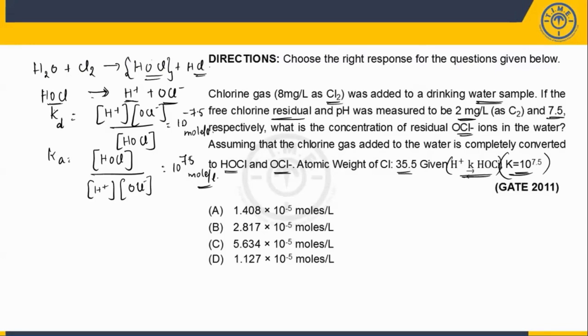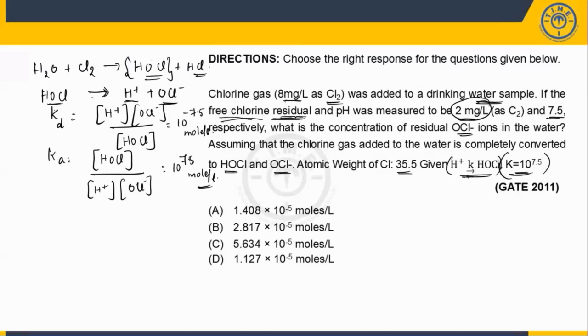In order to do this, I want residual OCl minus. How much is the chlorine we are adding actually? 8 milligram per liter. And out of the added chlorine, 2 milligram per every liter is left as residue, free residual chlorine.